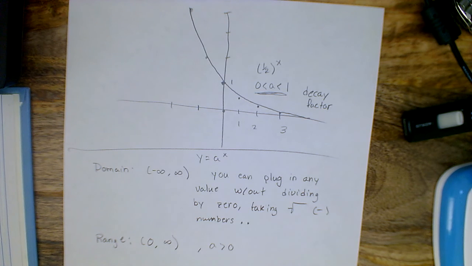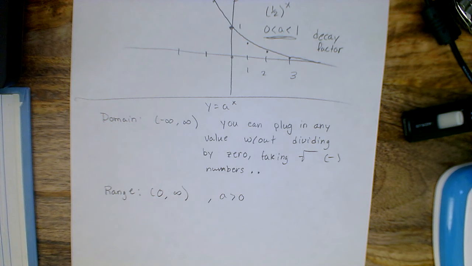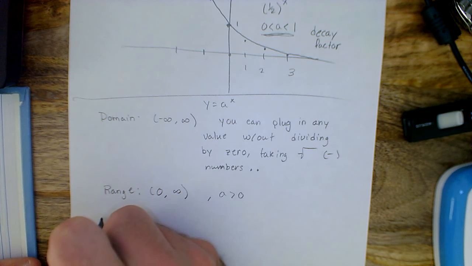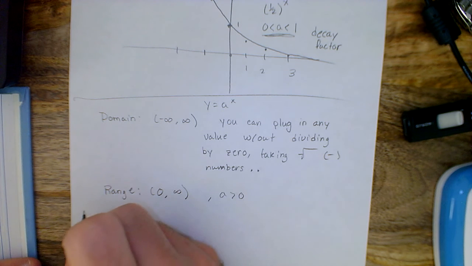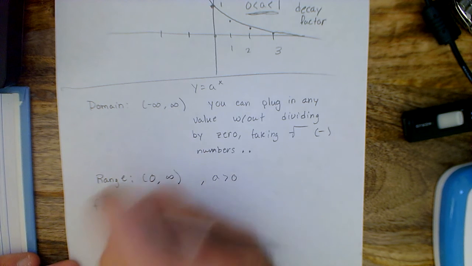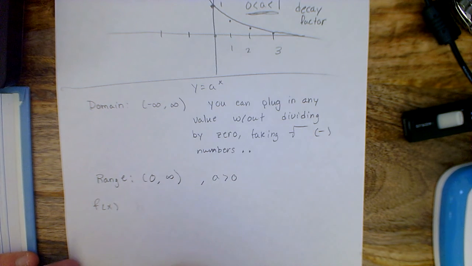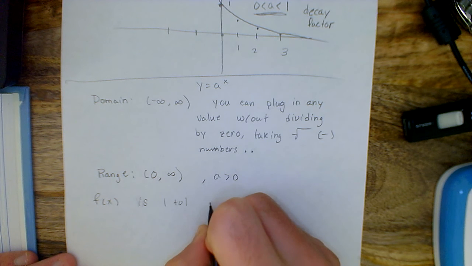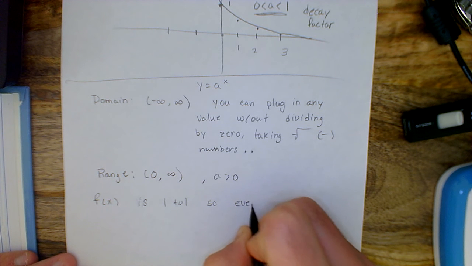So we talked about the growth factor and the decay factor. So the next thing we need to know is the graph of f of x. We talked a little bit about this when we talked about functions. f of x is 1 to 1. So for every x value, there's only one y value.